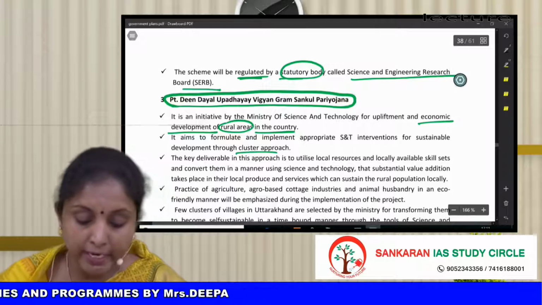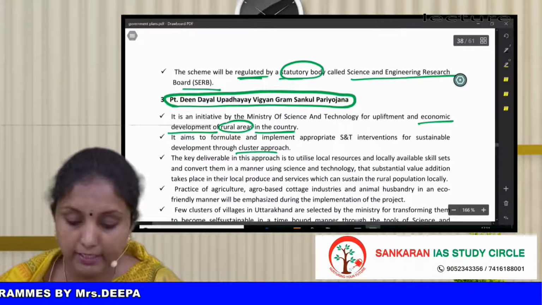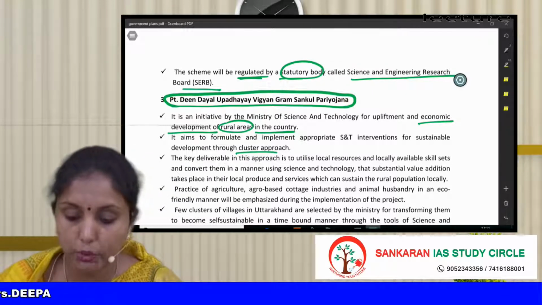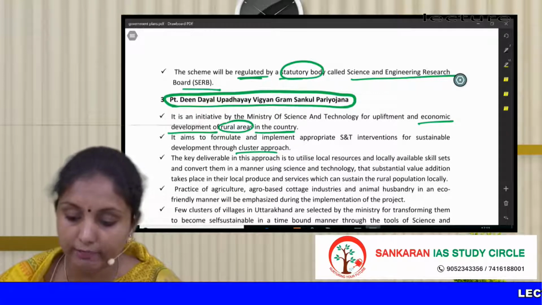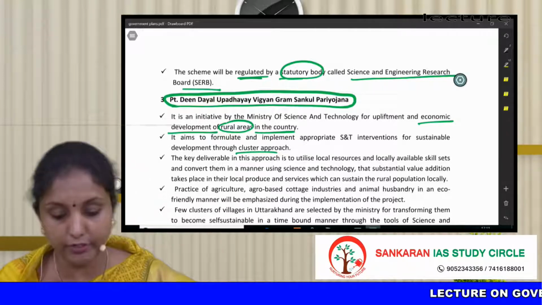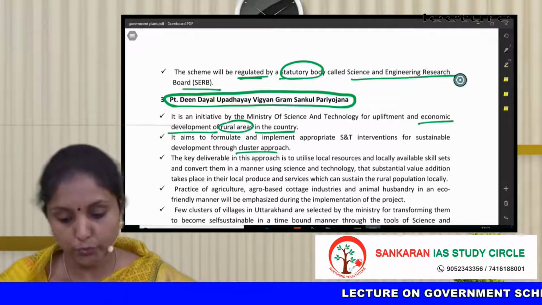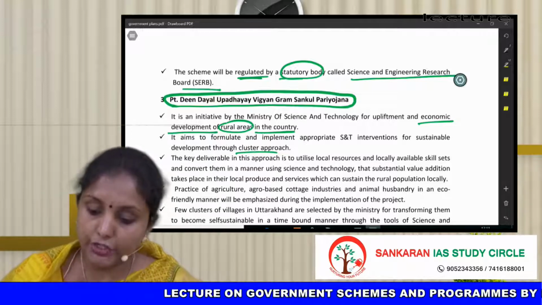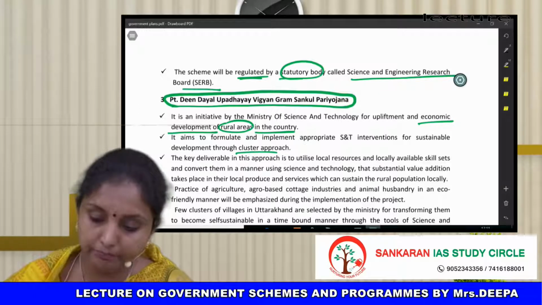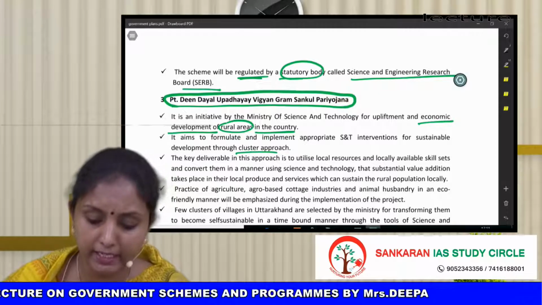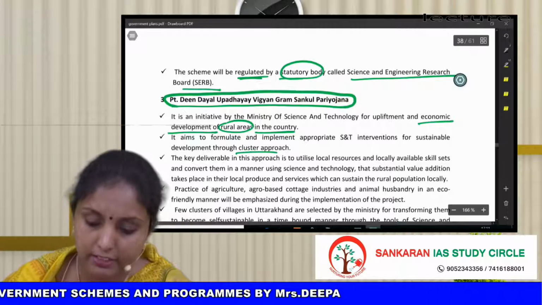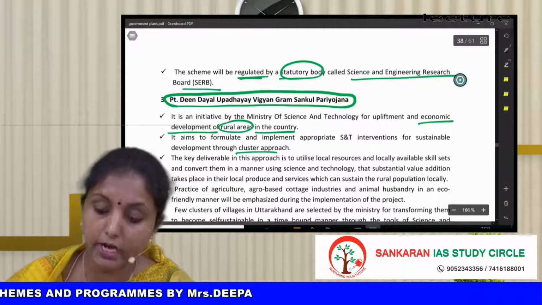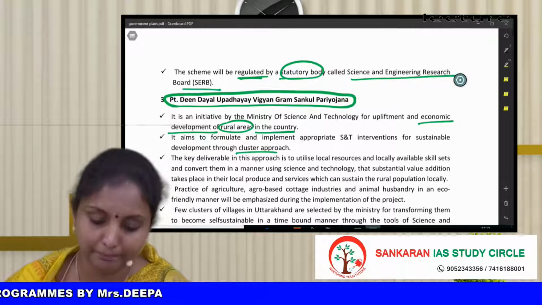Cluster approach. The key deliverable in this approach is to utilize local resources and locally available skill sets and convert them, using science and technology, so that substantial value addition takes place in their local produce and services which can sustain the rural population locally.